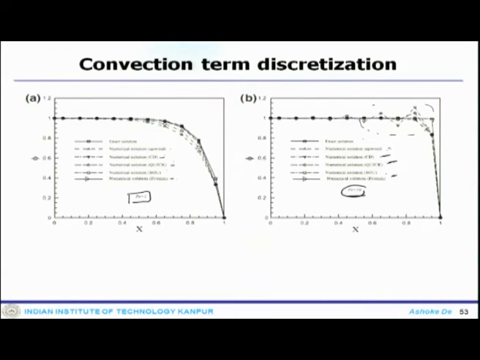Since the problem is convection dominated, the solution at the downstream is partially affected by the upstream information. The solution at the exit of the domain, which was specified, has some impact on these wriggles.